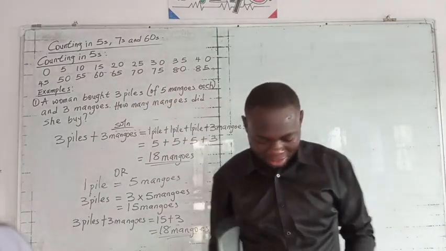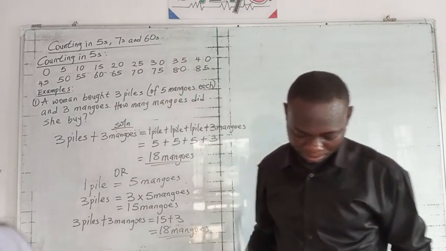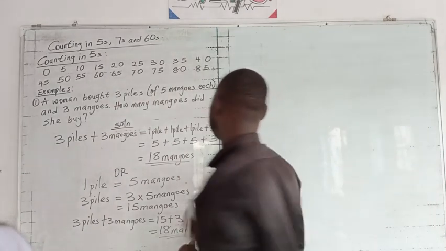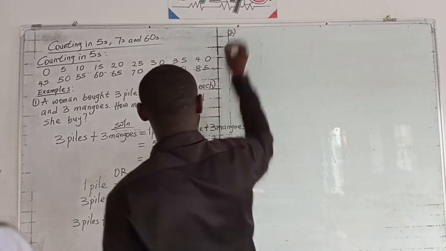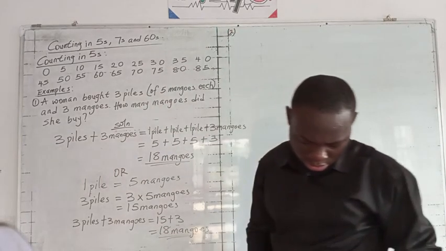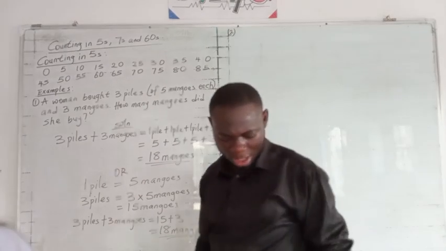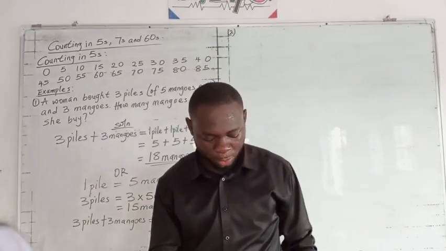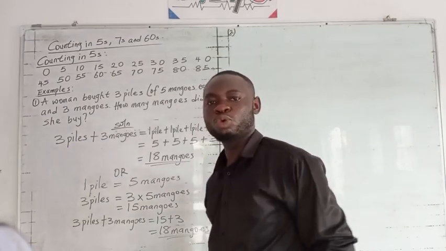All right. Let's consider this example. Example number 2. It says, how many piles of 5 mangoes are there in 41 mangoes?